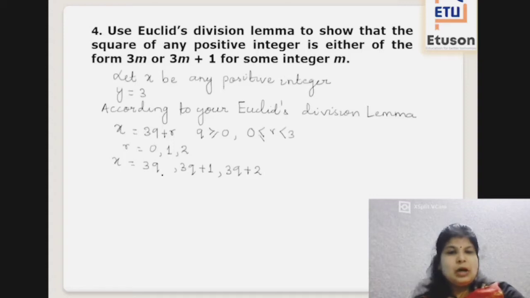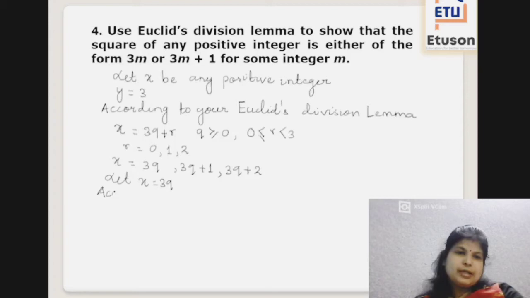Now one by one we will take the x value. For the first case, let x is equal to 3q. According to the question, you have to find the square of the integer.